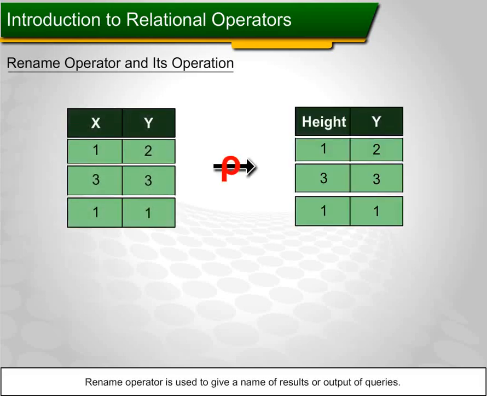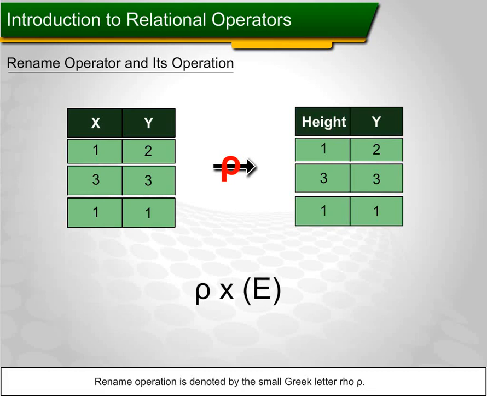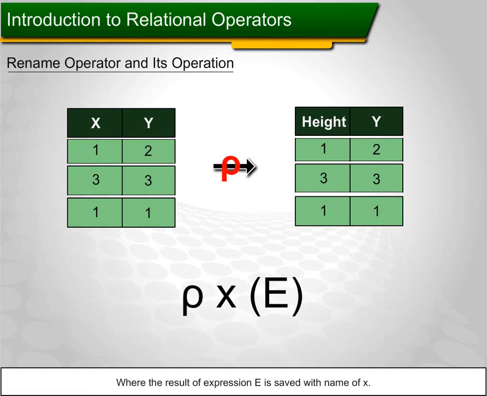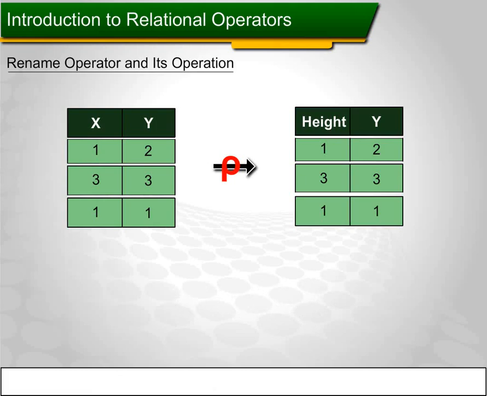Rename operator and its operation. The rename operator is used to give a name to the results or output of queries. Results of relational algebra are also relations but without any name. The rename operation allows us to rename the output relation. Rename operation is denoted by the small Greek letter rho, rho x of E, where the result of expression E is saved with the name x.